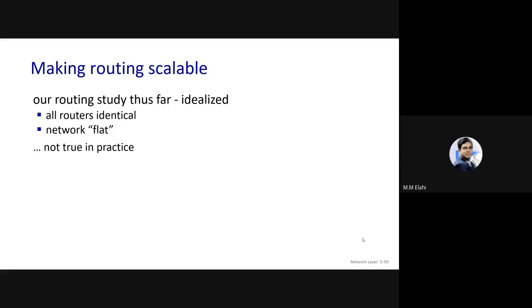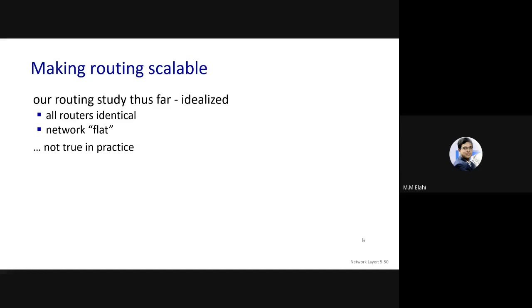It is not flat. So far, for the dynamic routing protocols, we assumed that all routers are identical and the network is flat. That means all the routers are in the same network. But in practice, this is actually not the case. There are so many ISPs in the middle. Whenever a request goes from one node to another node, it can travel through many ISPs.